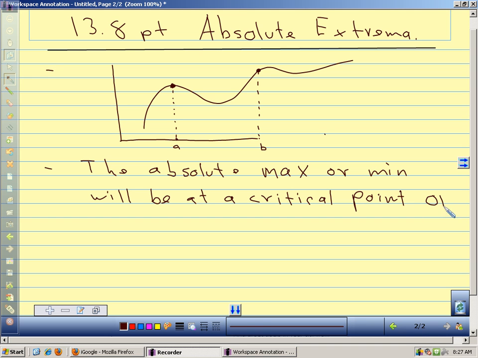Finding critical points is what we did on Friday, so we have to figure out how we're going to deal with the boundary of the region.